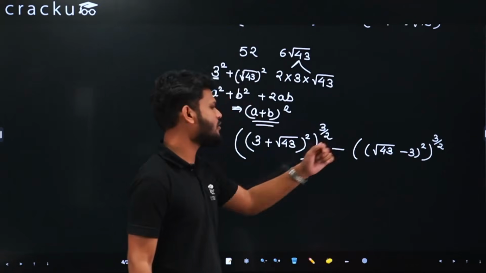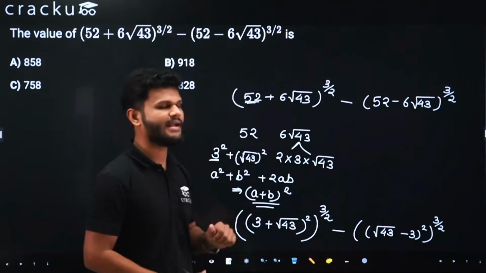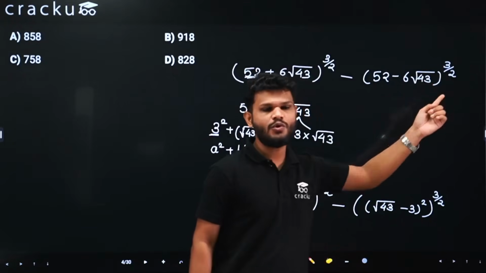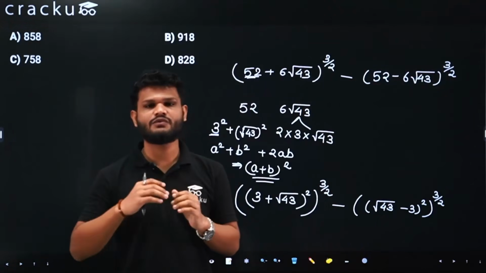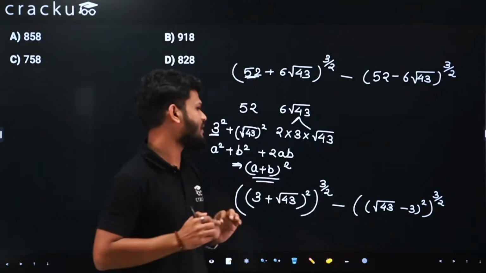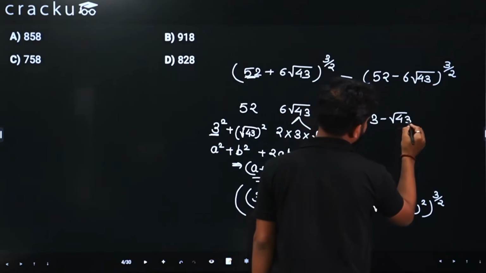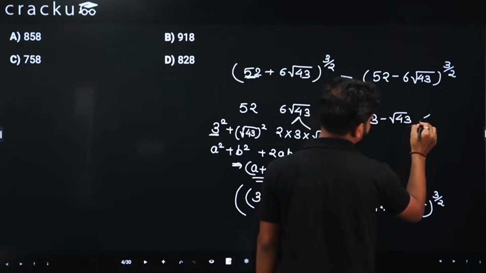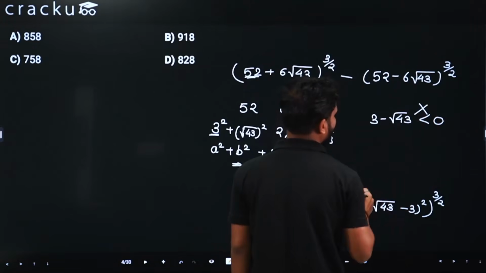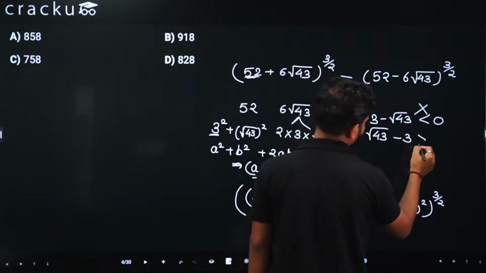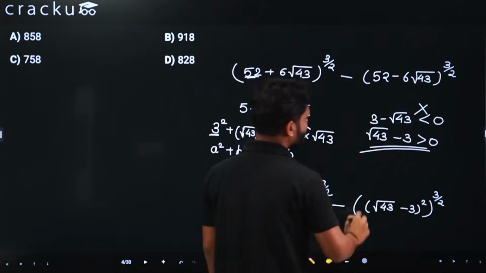Why have I written under root 43 minus 3 and not 3 minus under root 43? Because if you are taking square root, whatever comes out should be a positive value. So 3 minus under root 43 is not a positive value. This is less than 0. Hence, this is not applicable. So under root 43 minus 3 is greater than 0, and hence this should be the answer.